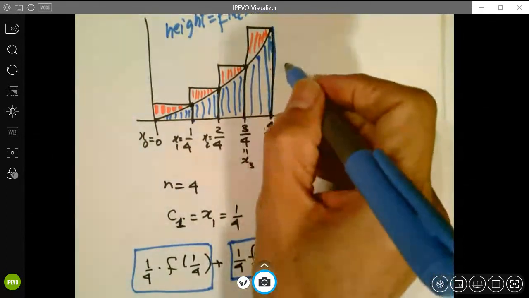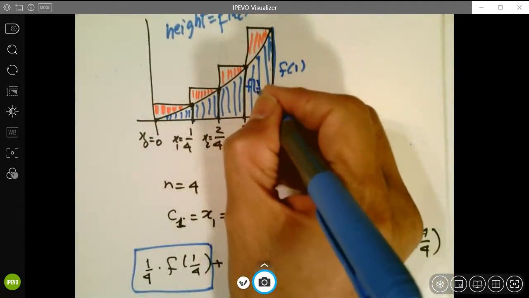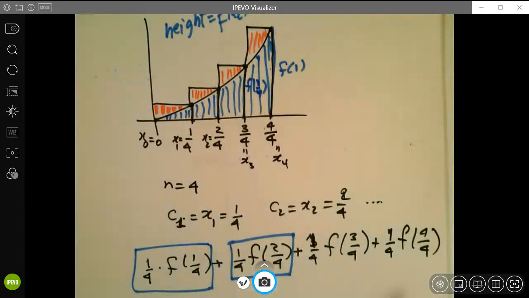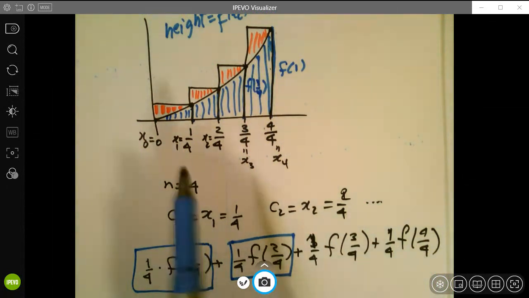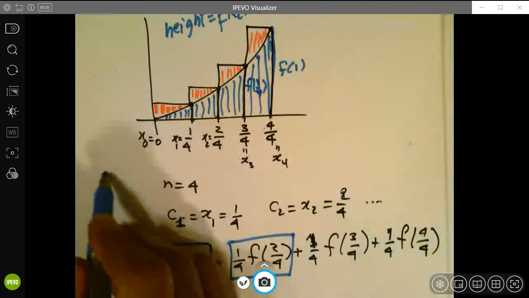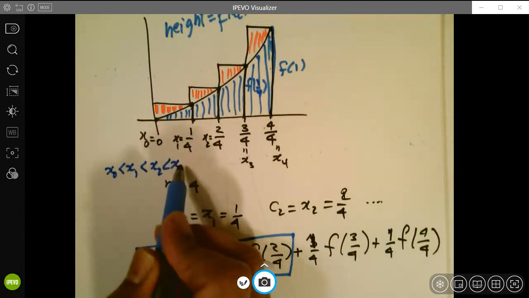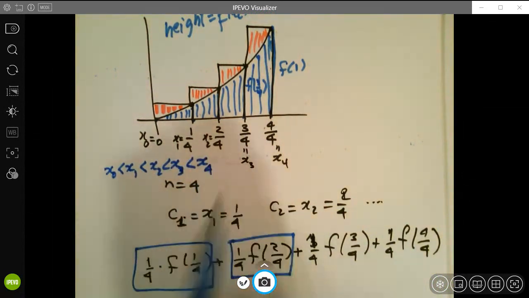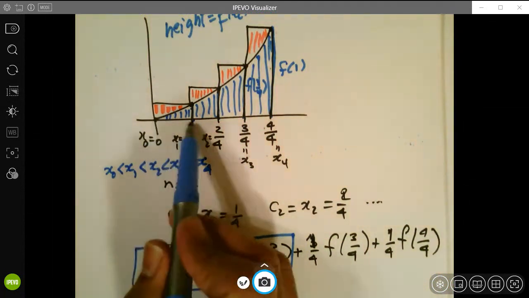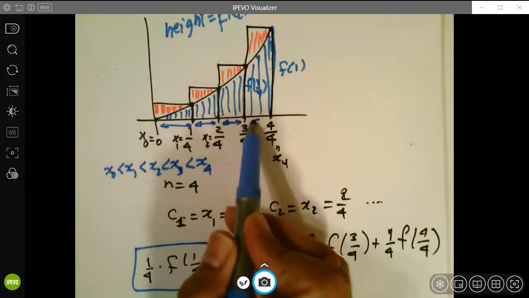You can see that the height here is f of 1, this is f of 3/4, etc. This is f of 2/4. And the subdivision actually is x naught, x one, and so on. The distance between them, they are equally spaced, this is delta x, you can see, is 1/4.